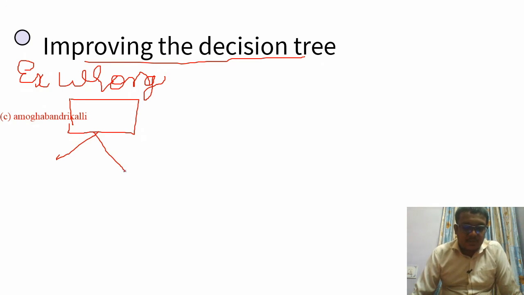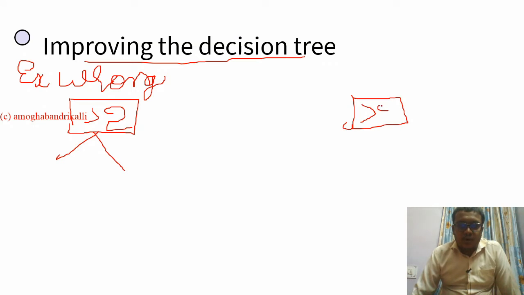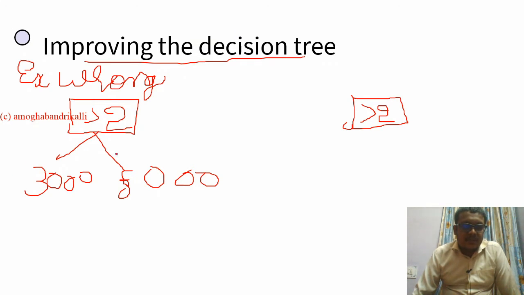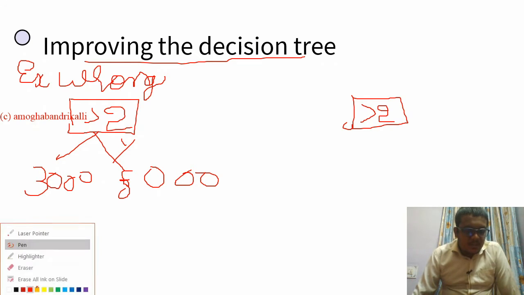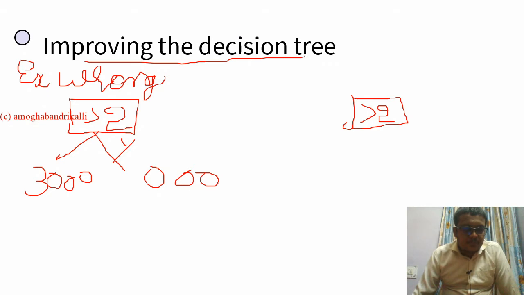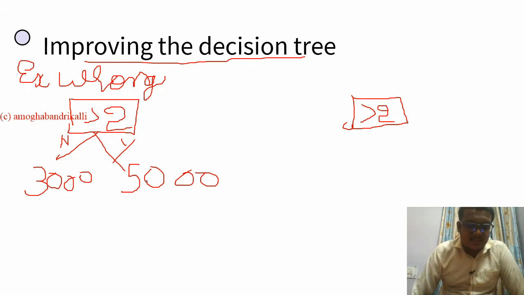The same question: whether it has more than two bedrooms. In the same scenario, our decision tree gives the price as 5,000, and if the decision is false, then it is 3,000.